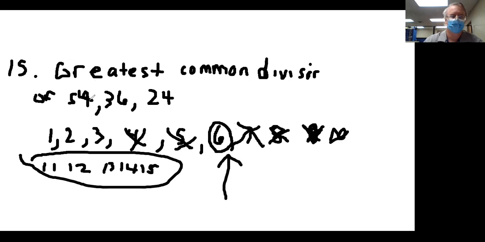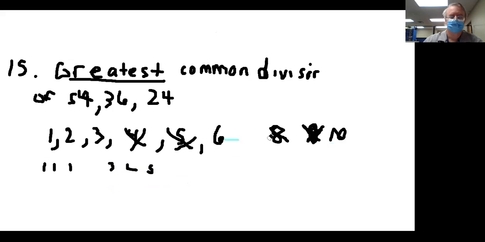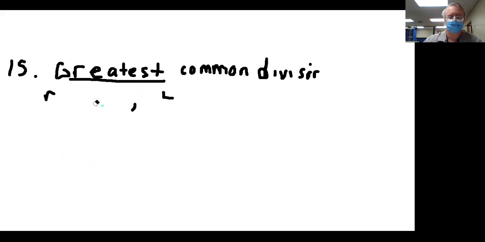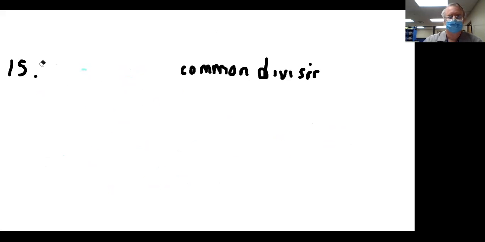They have to divide evenly into all three of these to be an answer. 1, 2, 3, and 6, but 6 is the highest. That's what it asks for. Okay.